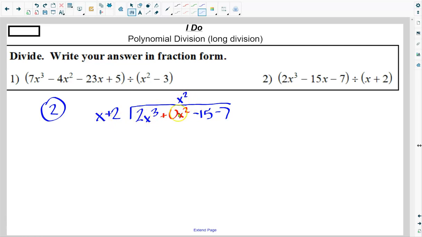Okay, notice how I put it right on top of this x squared. I don't have a 2, I need a 2, so I'm going to multiply by 2. So 2x squared times x is, okay, 2x squared times this is plus 4x squared. 2 times 2, there's no x here, so those 2 come with me, okay?